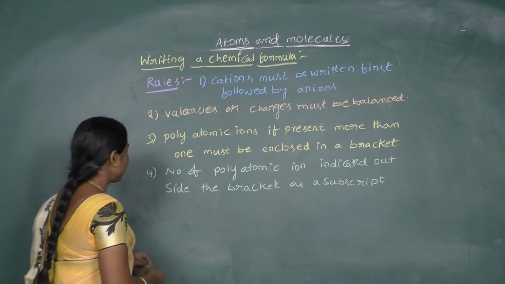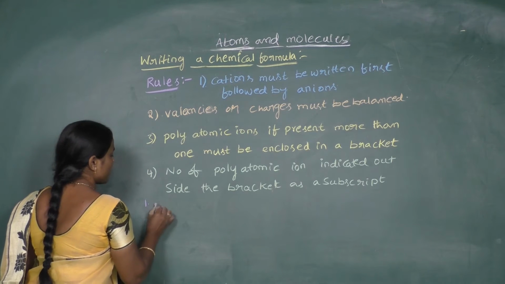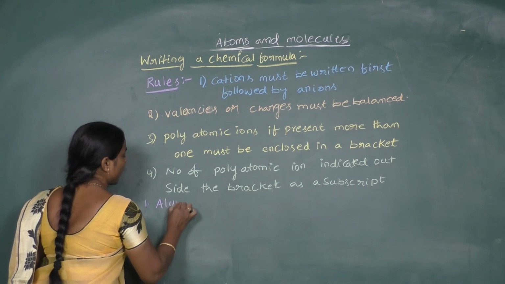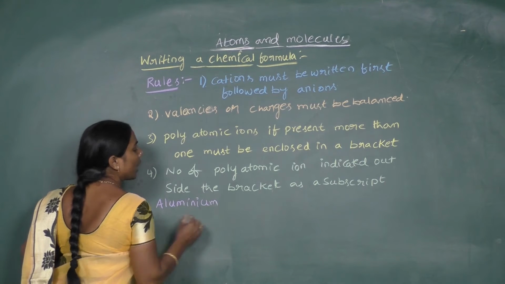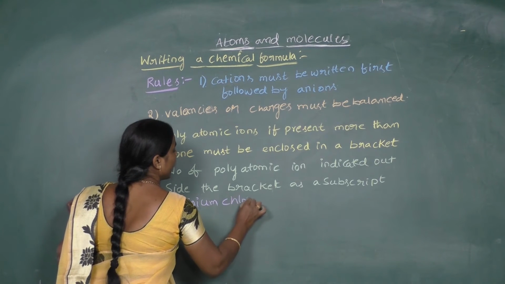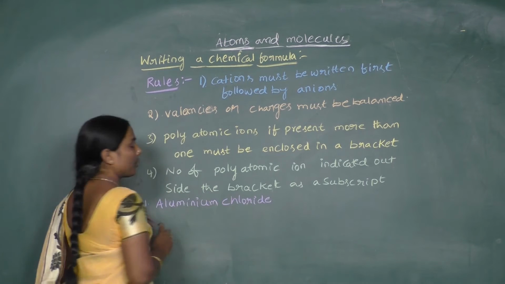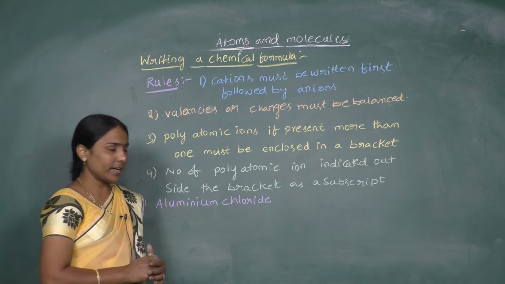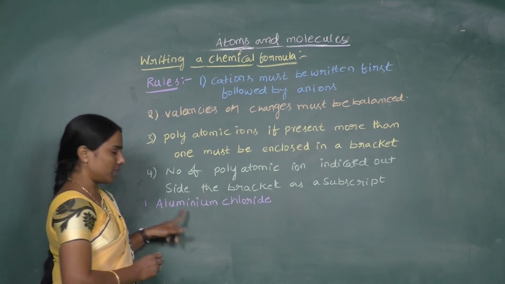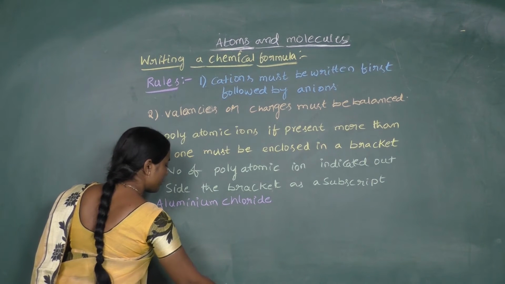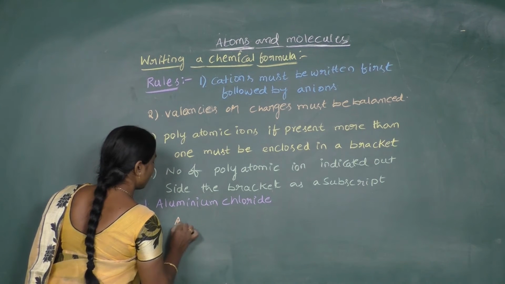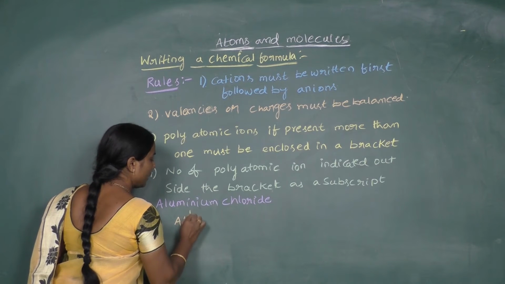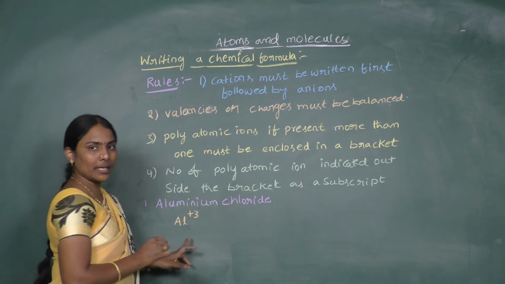For example, the first compound I will take is aluminium chloride. What are the ions present in aluminium chloride? First, aluminium. The symbol of aluminium is Al, with its charge +3.